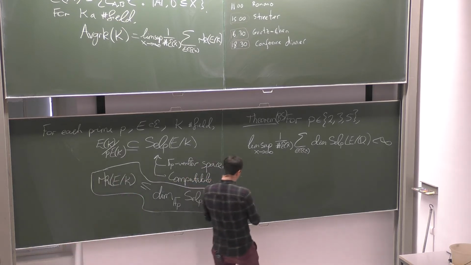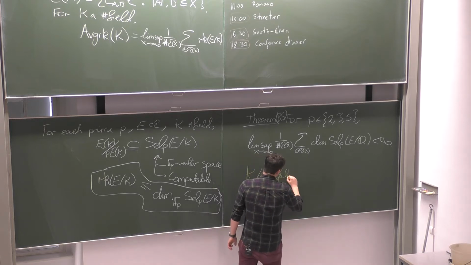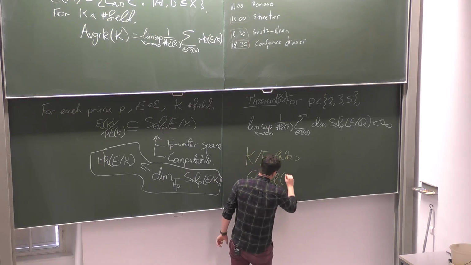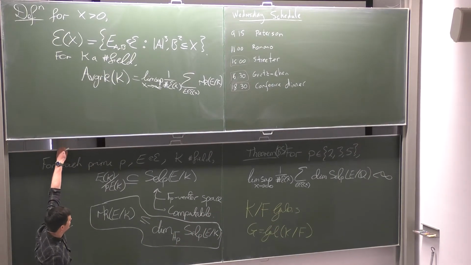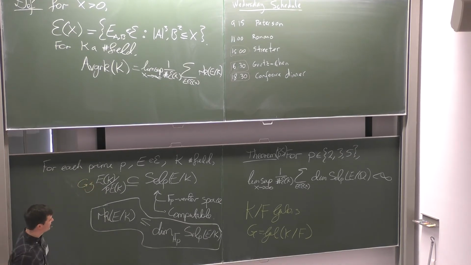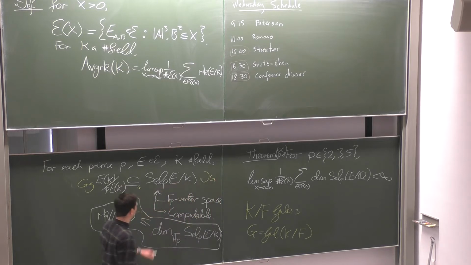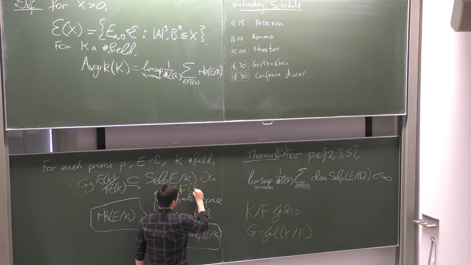So say K is now a Galois extension of some F, and G the Galois group. Then, of course, there's the ambient action of the group on the K points, right? You can just act coordinate-wise, and this descends mod p. And conveniently, since this is some cohomological construction, there's a group action here as well, which is preserved under this inclusion. So in particular, we're not just studying a vector space anymore. This is an F_p[G]-module.